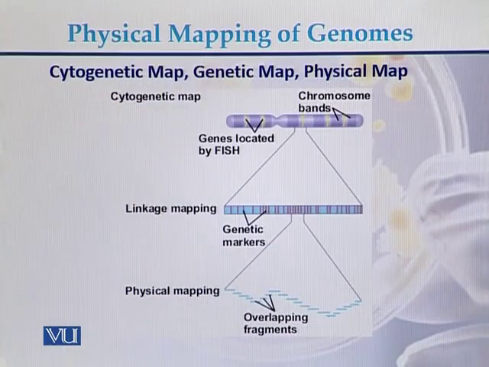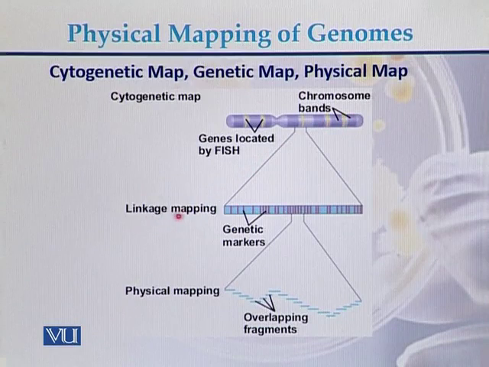This is the difference between the cytogenetic map, genetic map, and physical map. Here we can see that in cytogenetic maps, genes are located by FISH and we cannot know the exact location of the genes on the chromosome. We can see the banding pattern on the chromosomes, but not the exact location of the genes.